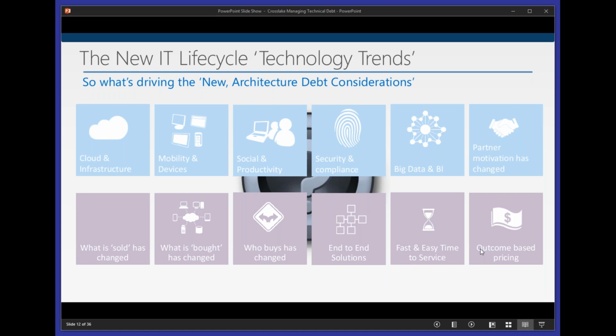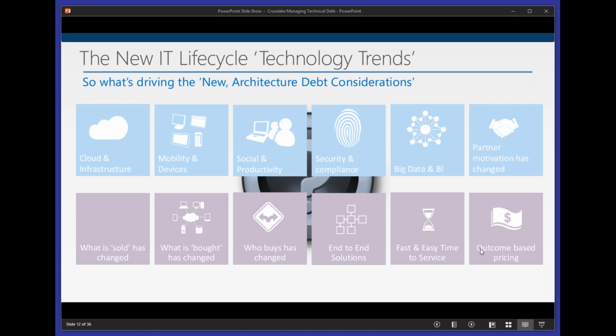Mobility and devices are also driving new trends and new considerations around technology and architectural and managed technical debt. Social and productivity. I'm not going to read all of these, but as you can see, the new IT lifecycle trends are driving additional considerations that weren't previously thought about when it came to managing technical debt.